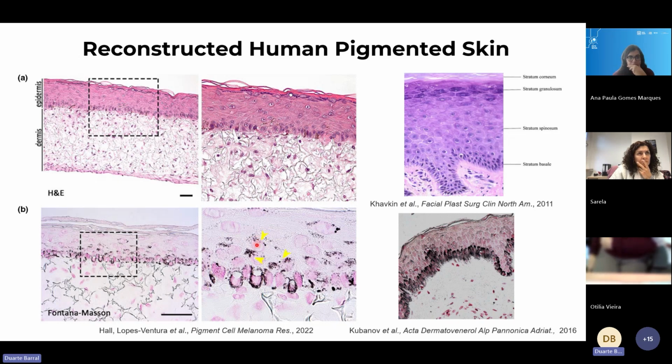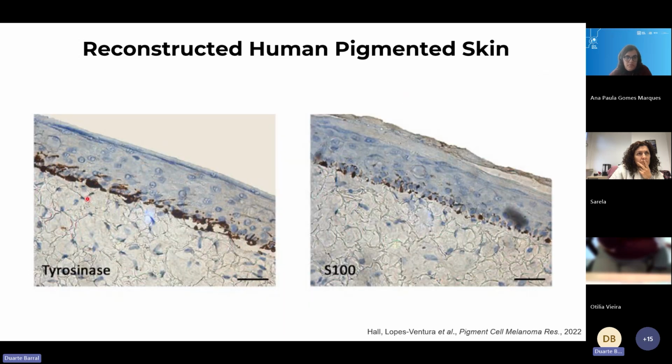So this, at least microscopically, with these stainings, is very similar to the human skin, as you can see on the right. Again, the stainings for tyrosinase to see the melanocytes, and S100 show the melanocytes aligned very well here, at the basal layer. So at least with these stainings, it's very similar to the human skin.